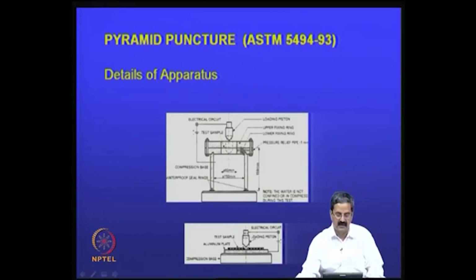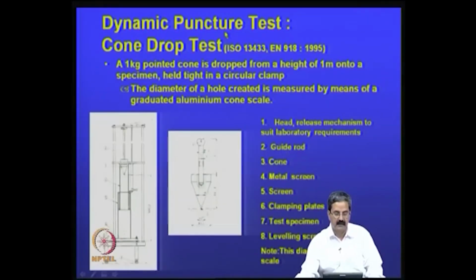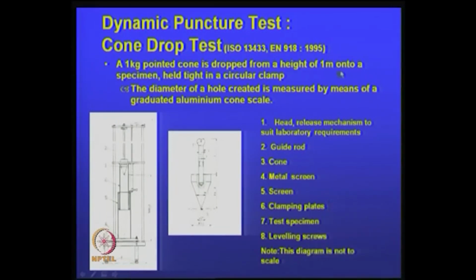You also have a dynamic puncture test, in which a 1 kg pointed cone is dropped from a height of about 1 meter onto a specimen held tightly in a circular clamp. The diameter of the hole created is measured by means of a graduated aluminum cone scale. So there are some measurements of how much puncture it can give. In fact, some of these tests are index tests, but they are very useful in deciding about the product.